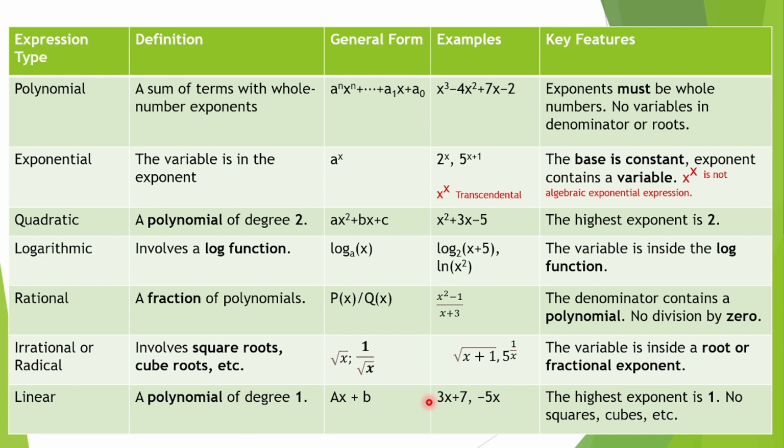The highest exponent is 1, no square, cube, etc. So the highest exponent of the variable must be 1. If we write 3x square plus 7, then this will be another type of algebraic expression. This will not be called linear expression. For linear expression, it is necessary that the degree of the variable must be equal to 1.